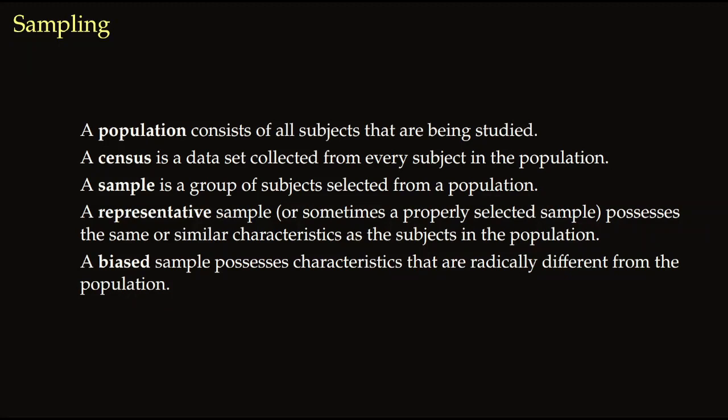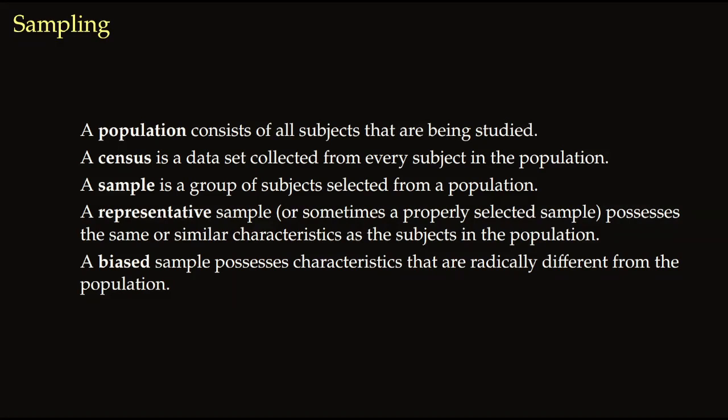But since that's not possible, we turn to a sample. We take a small subset of the population of all of the rectangles, and we use that as our tool. And when it comes to creating samples, we do have to be careful.